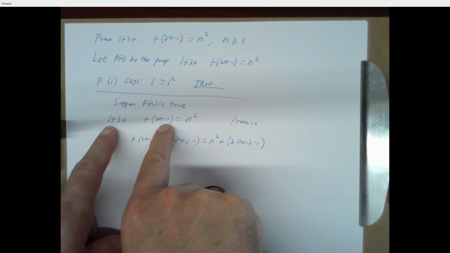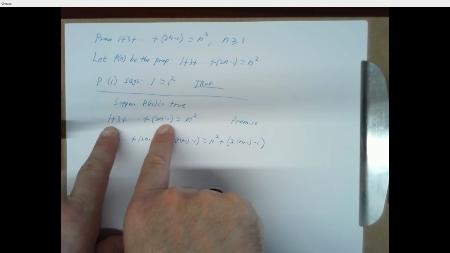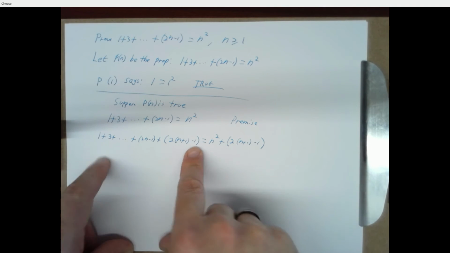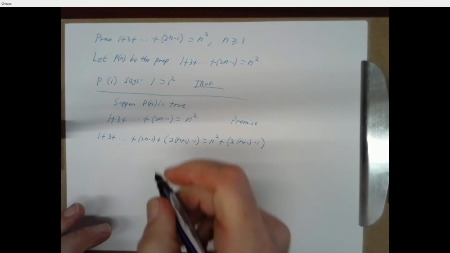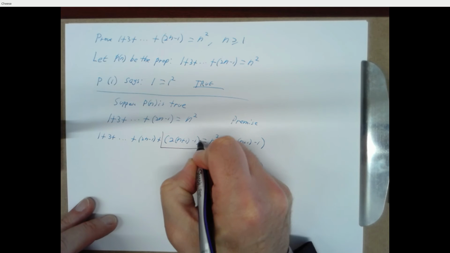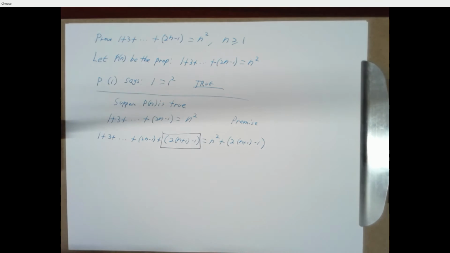And so I can turn the left-hand side of this previous statement into this left-hand side by just adding this peculiar looking quantity, 2 times the quantity (n+1) minus 1. And I'm adding that to both sides.